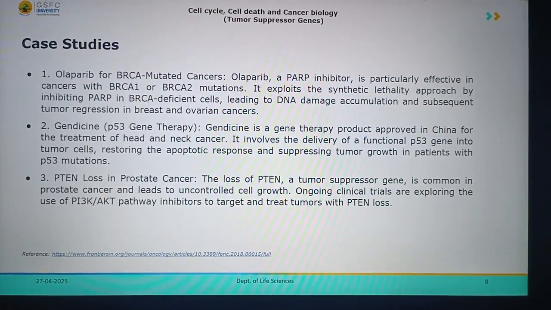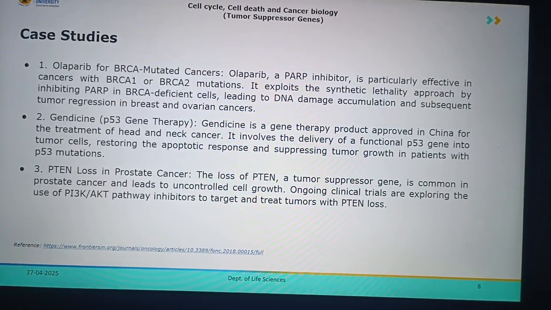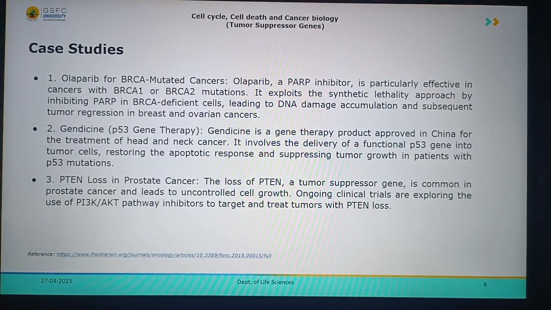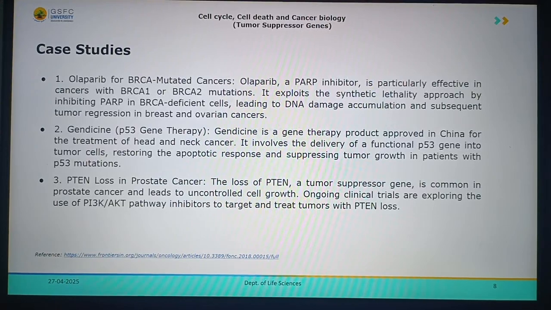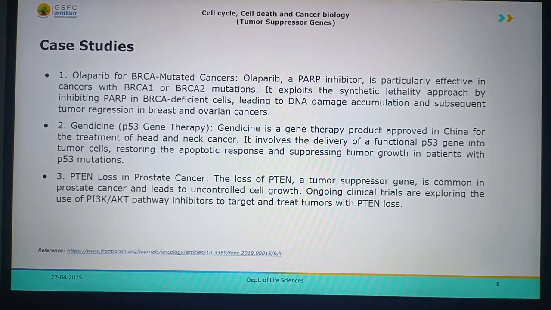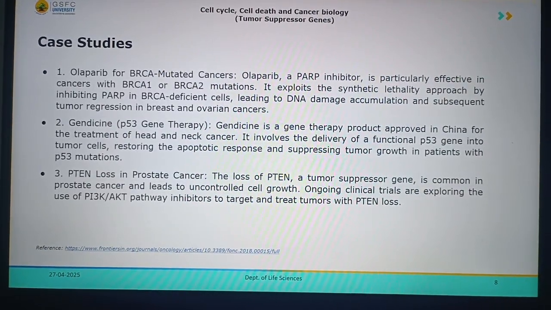Case studies. First, olaparib for BRCA-mutated cancer. The PARP inhibitor olaparib is particularly effective in cancers with BRCA1 or BRCA2 mutations.